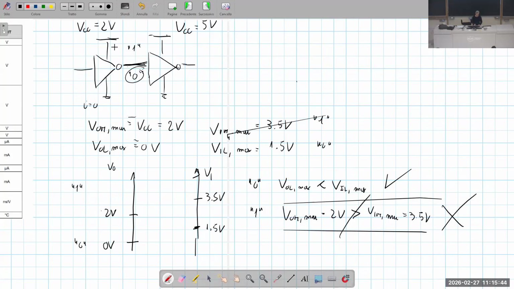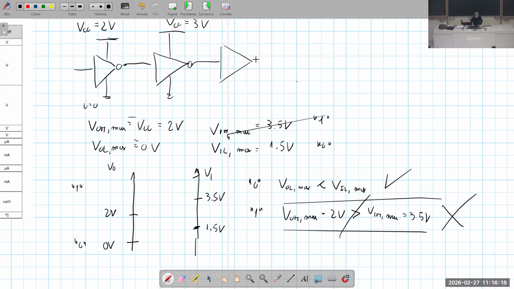What could we do if we have a circuit working at 2 volts and we want to interface it to a circuit working at 5 volts? Actually, and I will leave you this as an exercise, if we put in the middle another gate that is operated at an intermediate VCC voltage, maybe 3 volts, the goal could be accomplished.